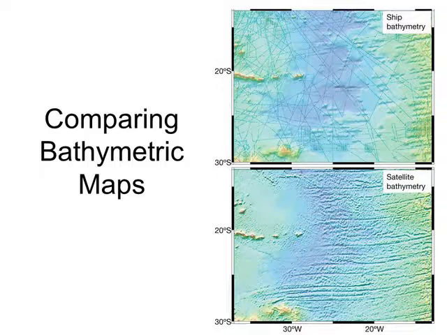The ship one doesn't look as detailed as the satellite one does, right? But the satellite one has a little bit more resolution as well. But there are still some things that the ship one is good at versus the satellite one.